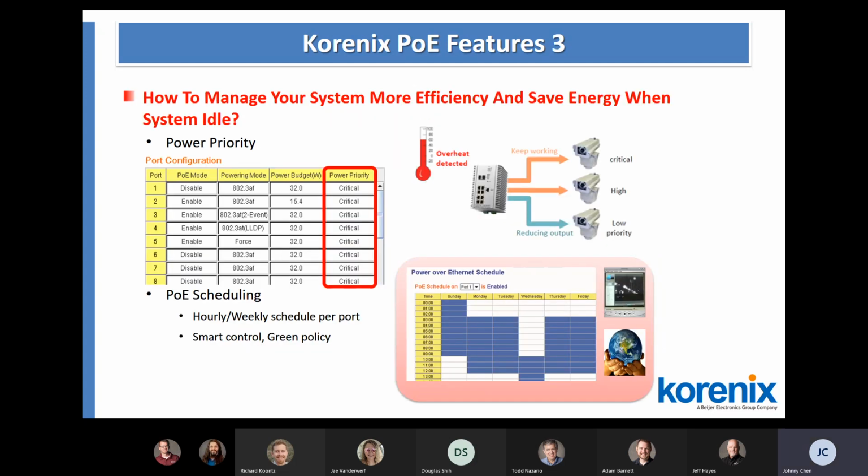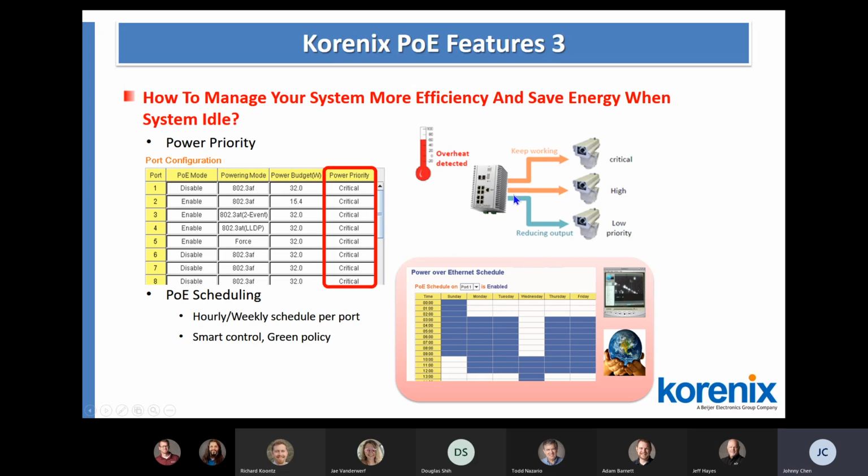Okay, so the third topic is how we manage our system more efficiently and save energy. First we have the power priority for the PoE. You could decide which port has the critical priority, and which port has the high priority and the low priority.